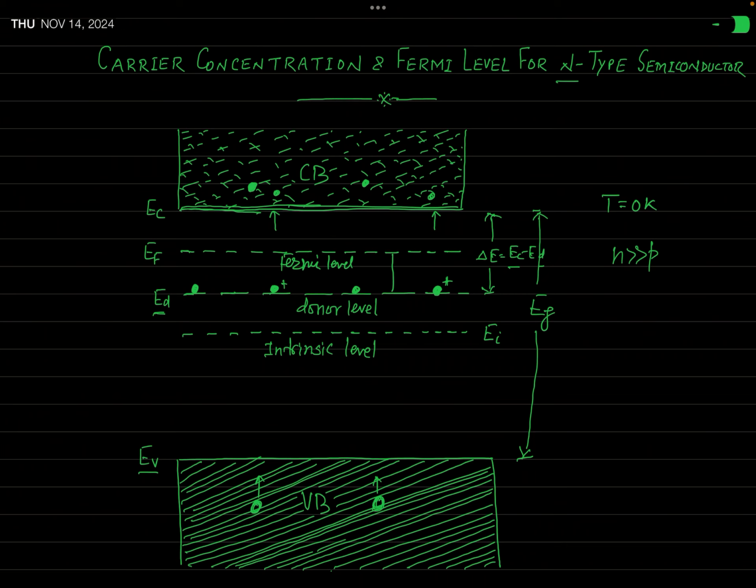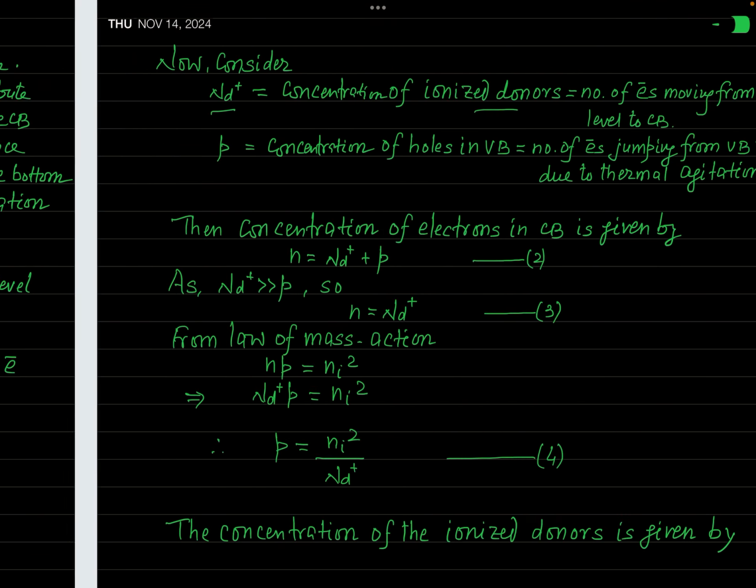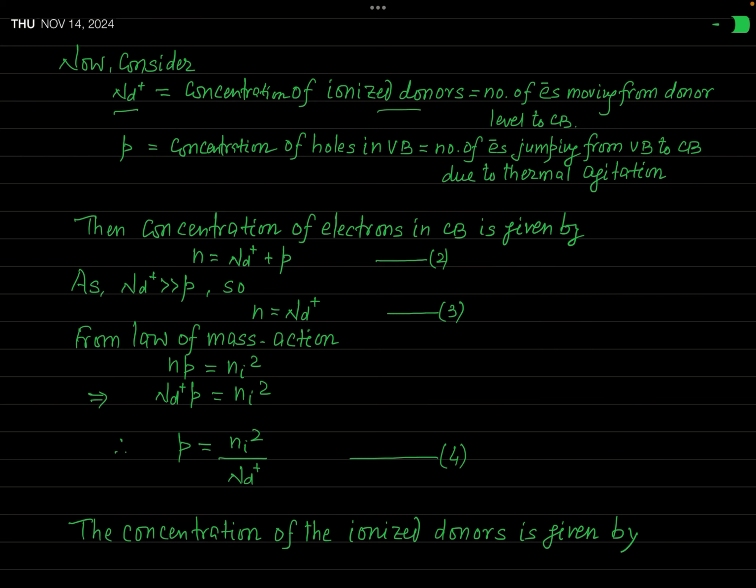As I have shown, this atom has been ionized, this atom has been ionized, but not all of the atoms ionize. So Nd and Nd+ will be different, and Nd+ represents the number of ionized donor atoms in unit volume. You call it the concentration of ionized donors.